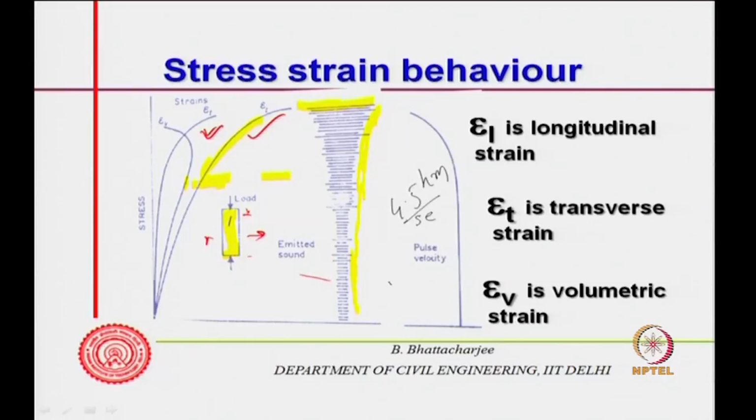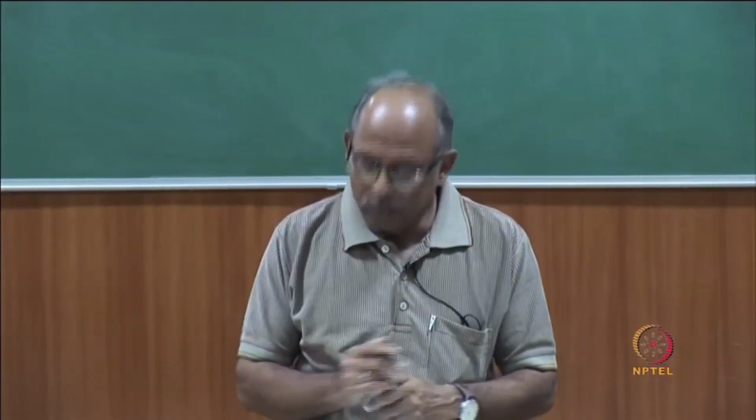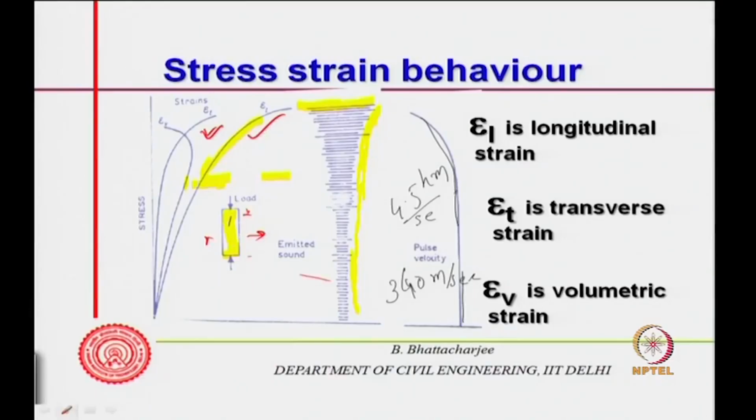But in air we know it is around 340 meter per second. So, if a lot of cracking has occurred, then pulse velocity will reduce. Initial reduction is relatively slow, but then it starts reducing as soon as a lot of cracks start appearing.